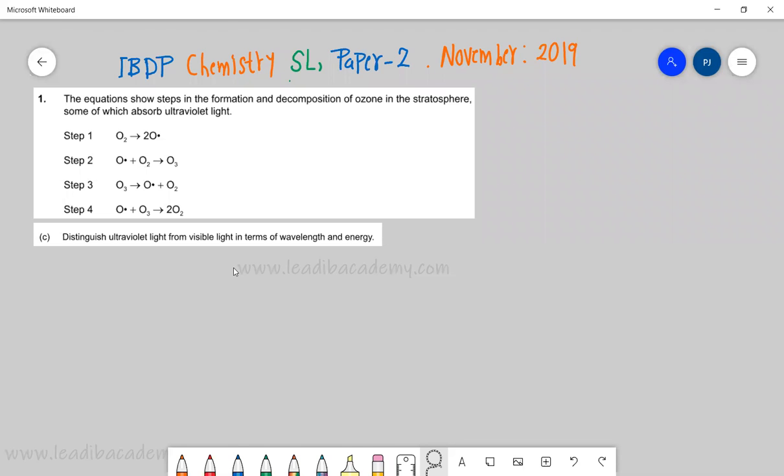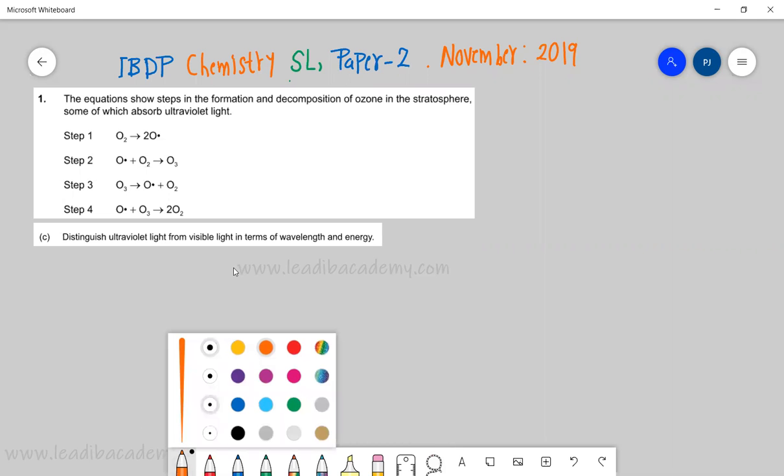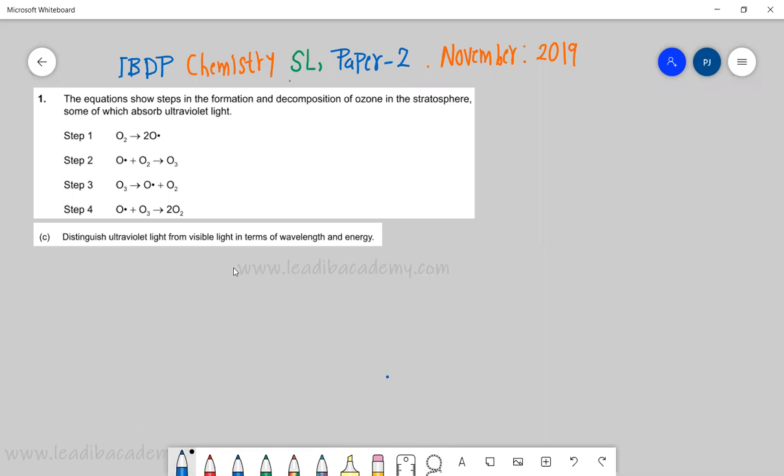Okay, let's look into question number C. Distinguish ultraviolet light from visible light. Very straightforward. UV, ultraviolet, and visible.